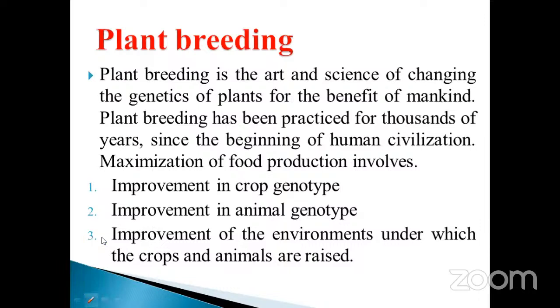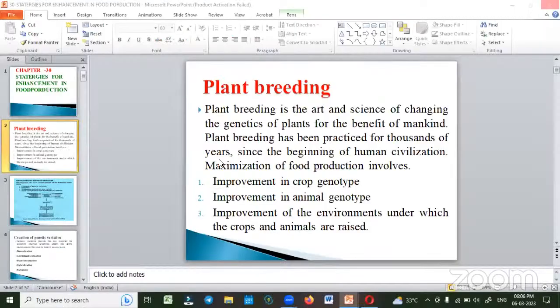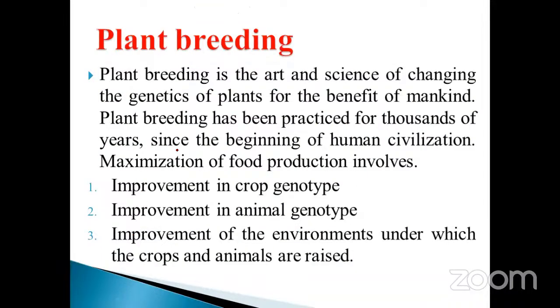Suppose during the time of 1951 to 56, 61 to 60, there was a great population explosion. That time the population increased, but there was a lack of food production. That time the scientists did research on plants, particularly Sonora and Sharbati, which are wheat.